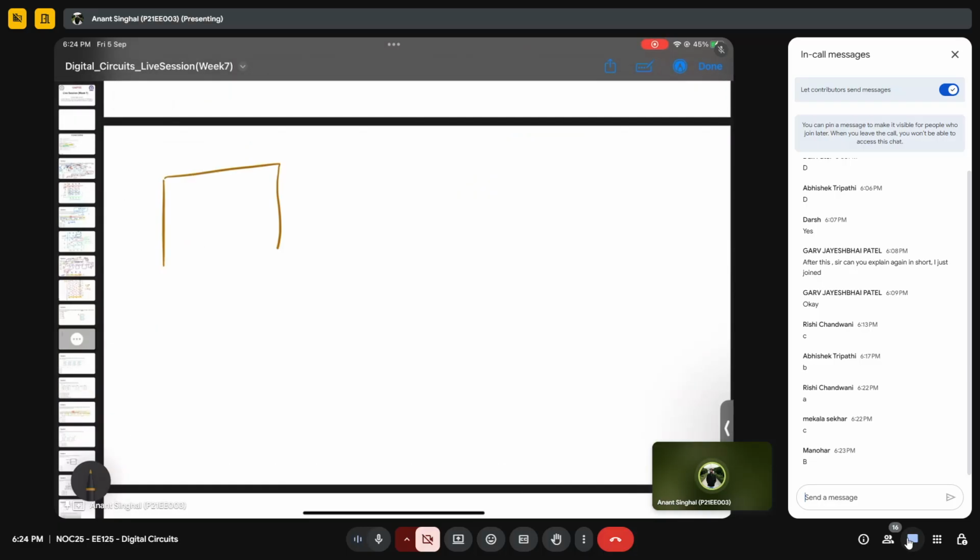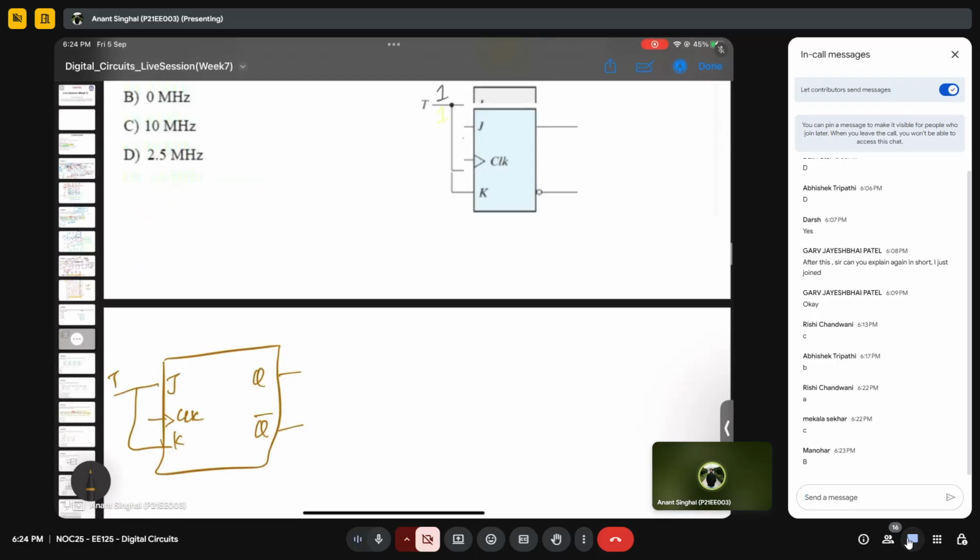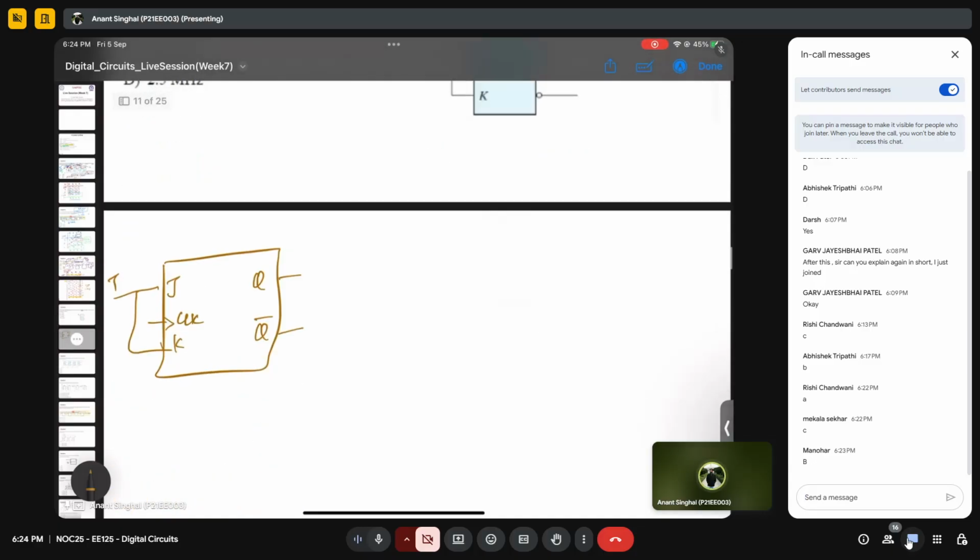We have a T flip flop as given in the question, which is nothing but a JK connected together. And we have a positive edge triggered clock, and we know that this is Q, this is Q bar. Now, as it is positive edge triggered, let's take an example. Let's say this is the clock. Since this is positive edge triggered, all the things will happen here.